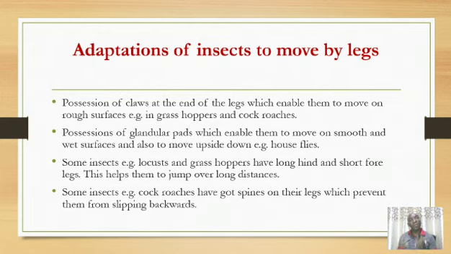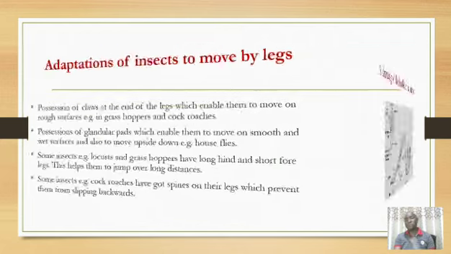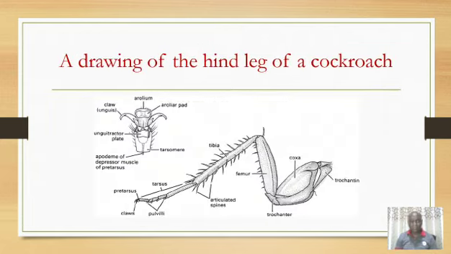In other words, what features do they have that enable them to move by legs? 1, insects have claws at the end of their legs, which enable them to move on rough surfaces. When we look at this image here, look at that leg. The end of the leg, we can see claws. Claws are those sharp, pointed structures at the tip. So those claws enable the insect to move on rough surfaces.